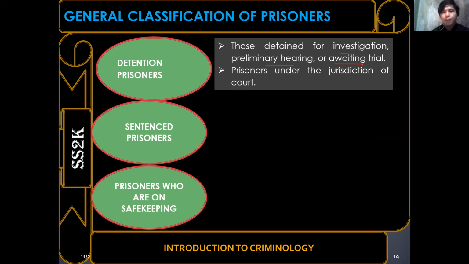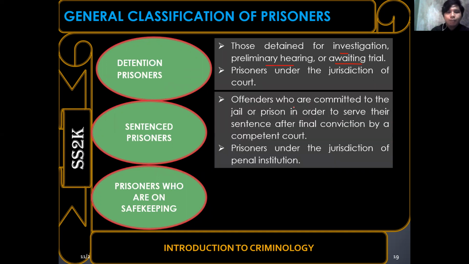Naghihintay po ng paglilitis, o kaya hinihintay yung pong verdict, paglilitis ng kaso o kaya yung pong pag-promulgate ng judgment. Okay? And detention prisoners also include those under the jurisdiction of court, no? So sila po ay kailangan na nakakulong para pagka hindi po kinulong, sila po itatakas, di ba? So dinidinig pa lang yung kaso na in short pagka sila po ay under the jurisdiction ng court.